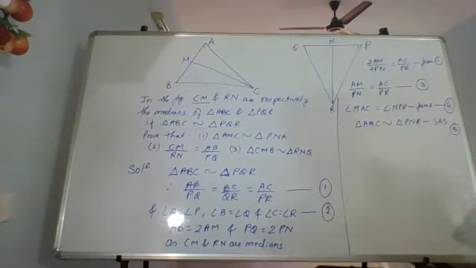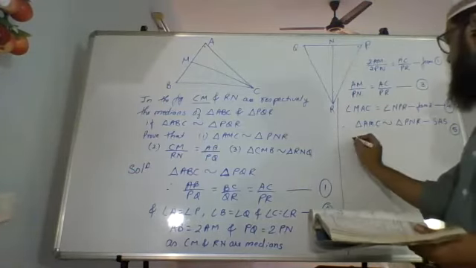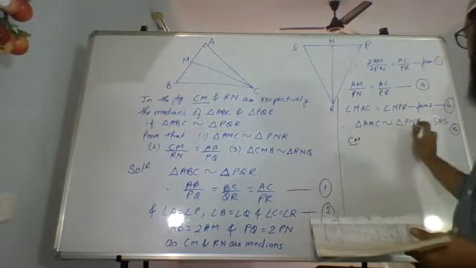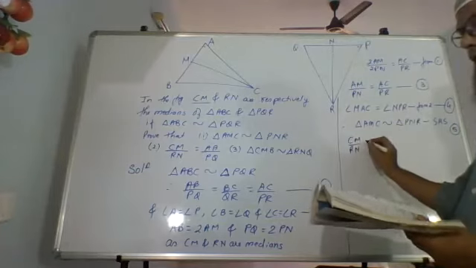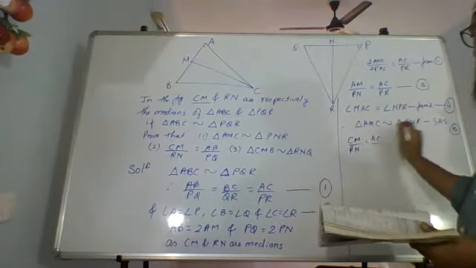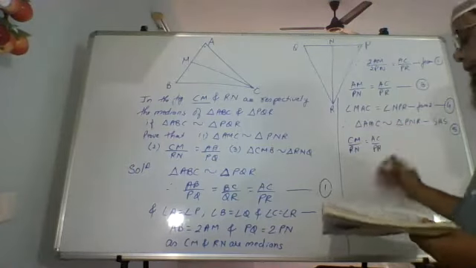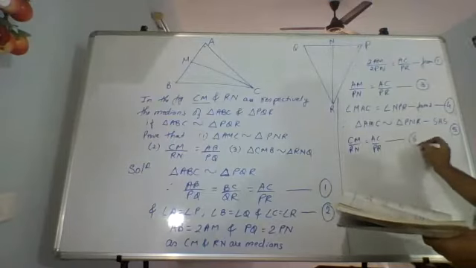Okay. So if the triangles are similar, again I can say CM upon RN equals AC upon PR. Call this 6.